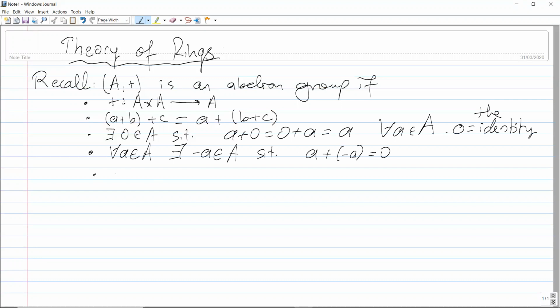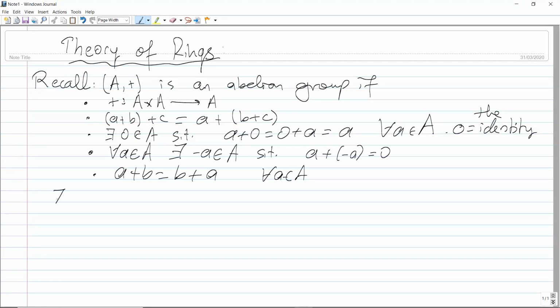And also a plus b should be equal to b plus a for all a, b in A. So if these five conditions are satisfied, then we say that A is an abelian group.